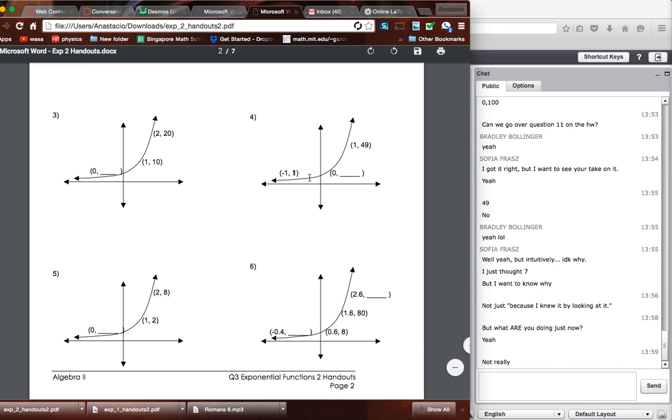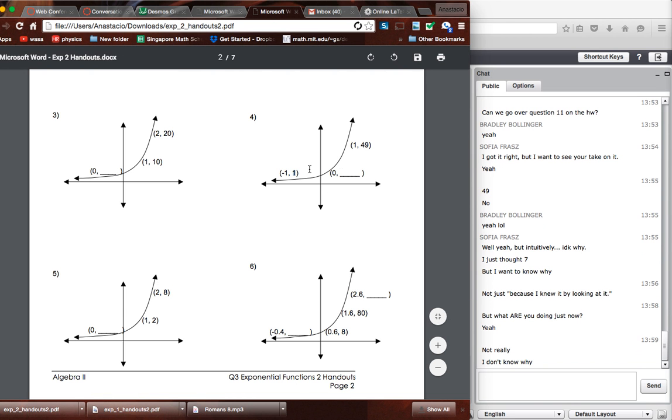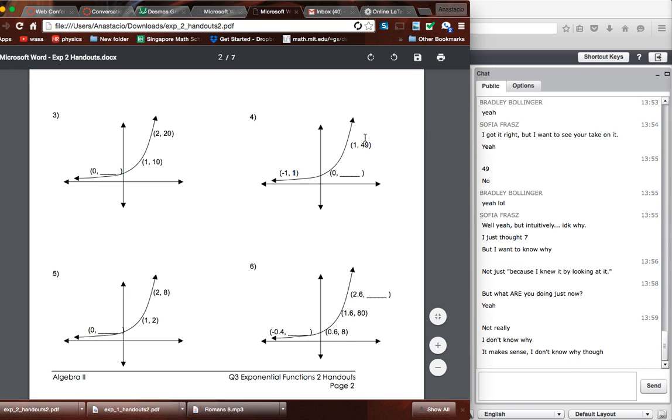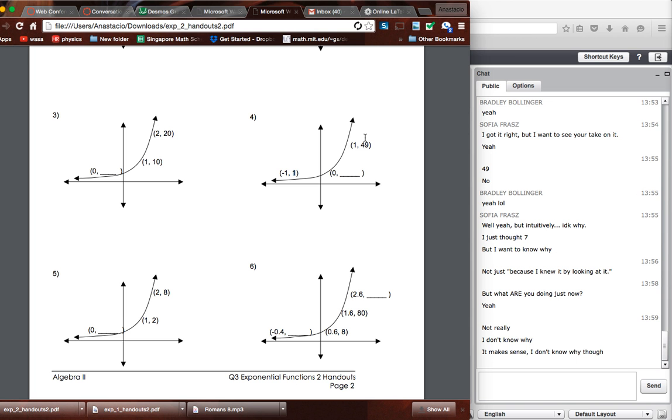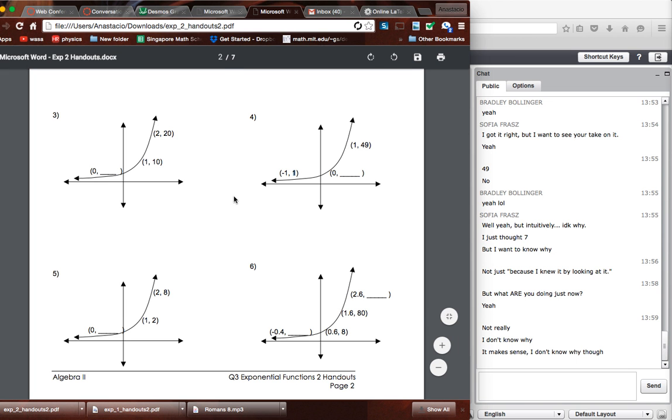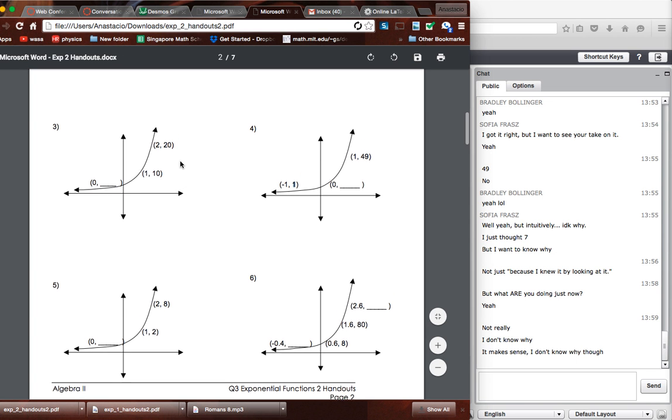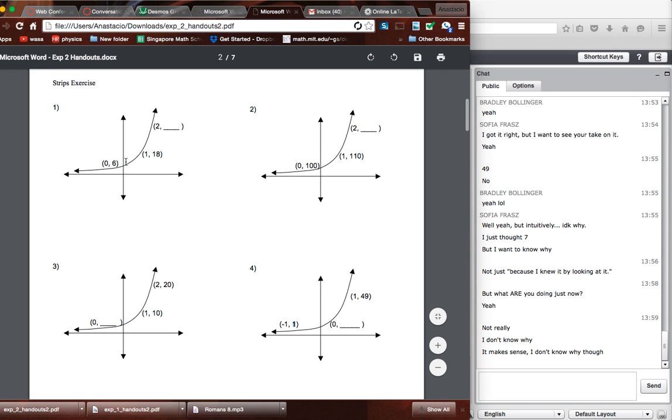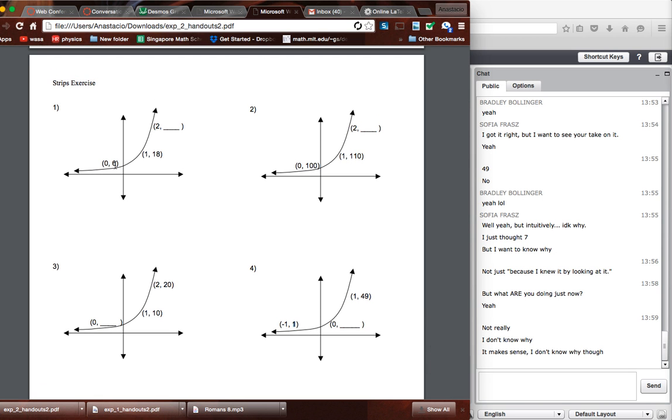Okay, wait. You understand why I said R is equal to 7. Sophia, you don't understand? Oh, okay. Well, here's what I'm saying. Look at graph number 1. In order to get from here to here, we had to multiply by the number 3. And in order to get from here to here, from 18 to 54, we had to multiply by the number 3 again.